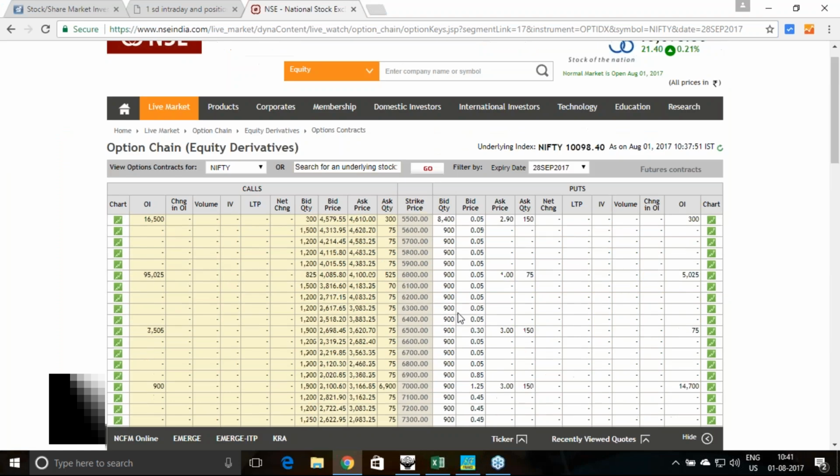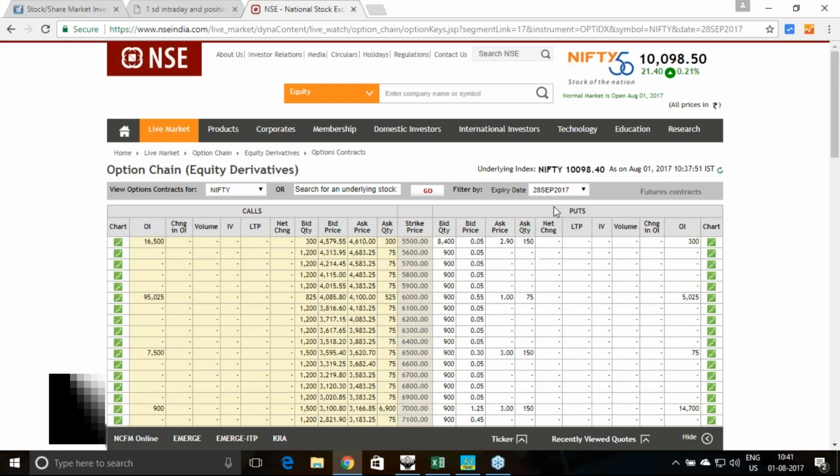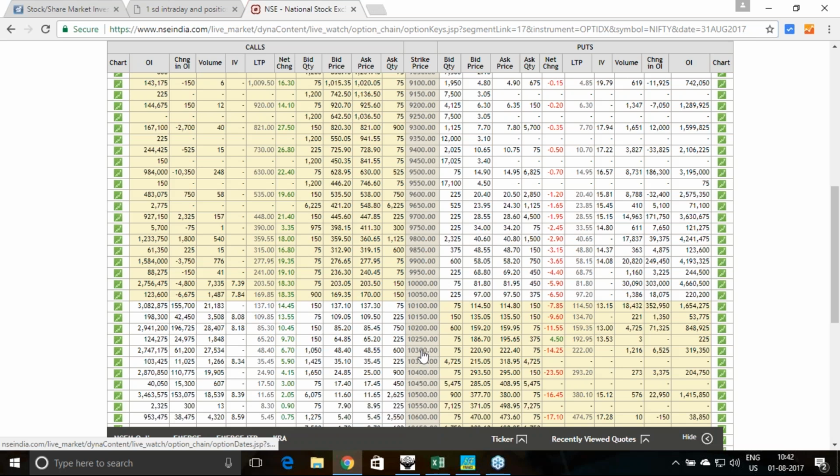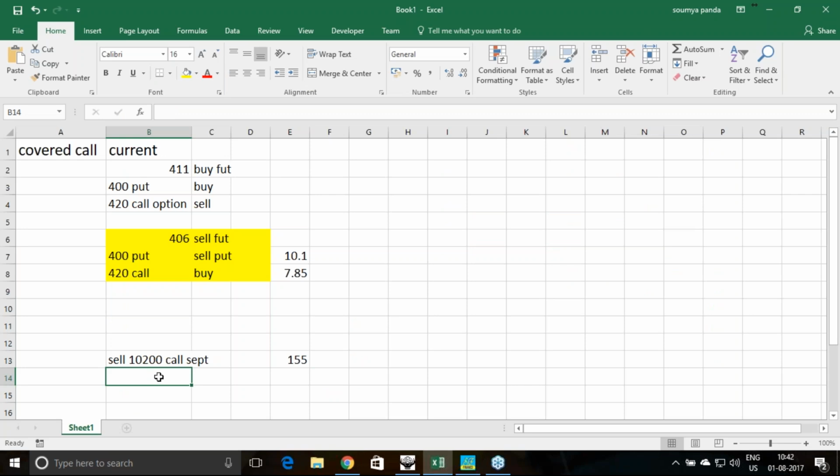So I'll go to the August series, and the 10,300 call option I am getting at 48 and 350 at 35. So I'll go with this August month's 10,300 call option buy. So I'll be buying the 10,300 call August at 48 rupees.